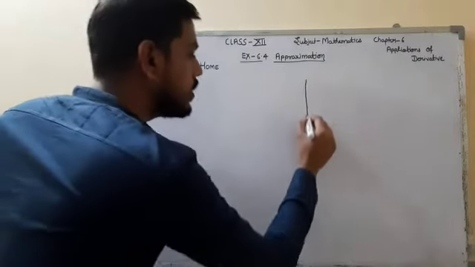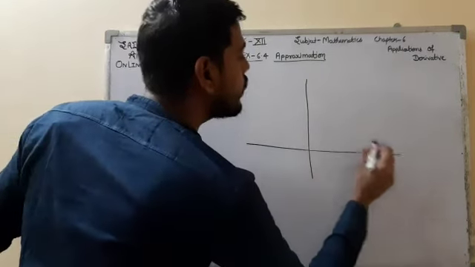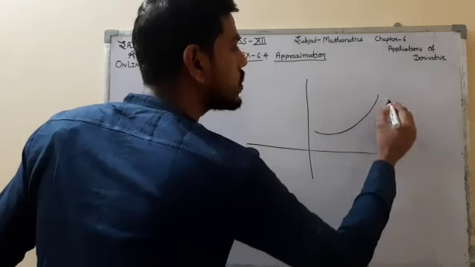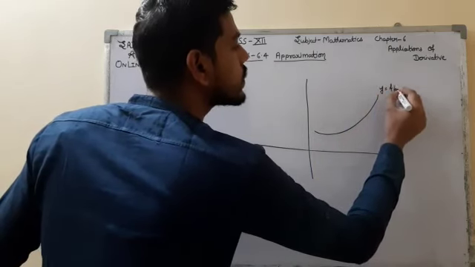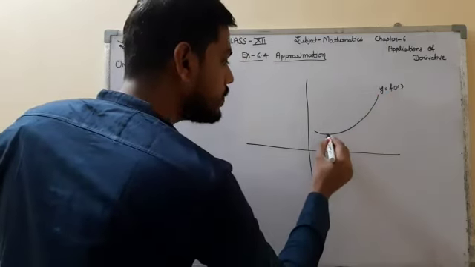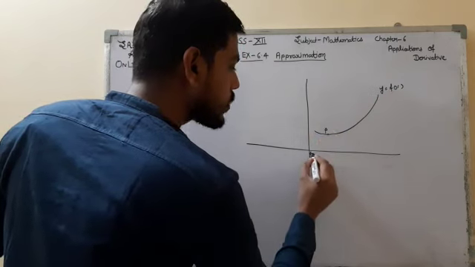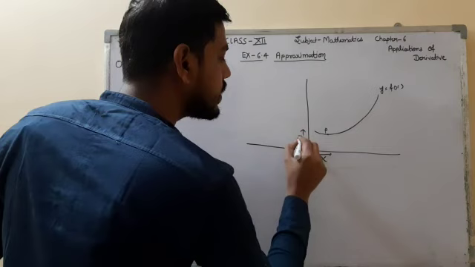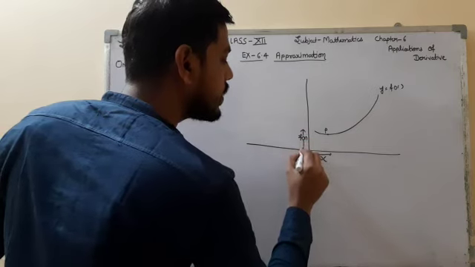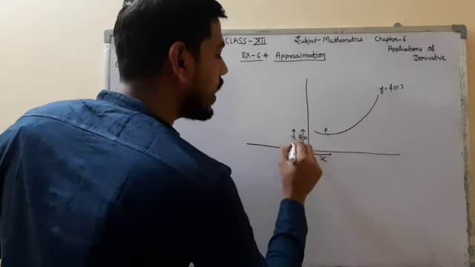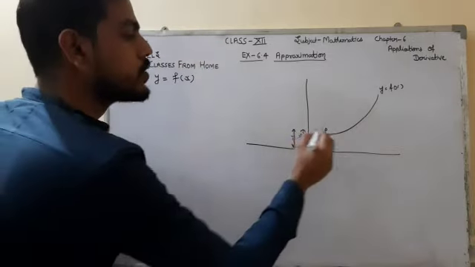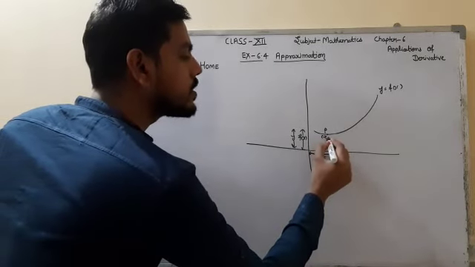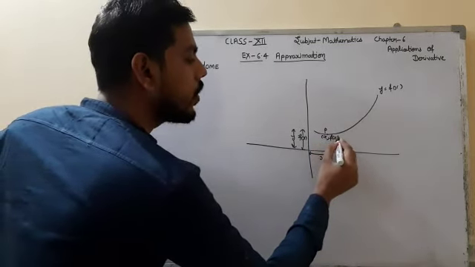Suppose this is the curve of my function, y equals f(x). At some point P, the x coordinate is x and the y coordinate is f(x), or y. It is the same thing. So the coordinate of P would be (x, f(x)).